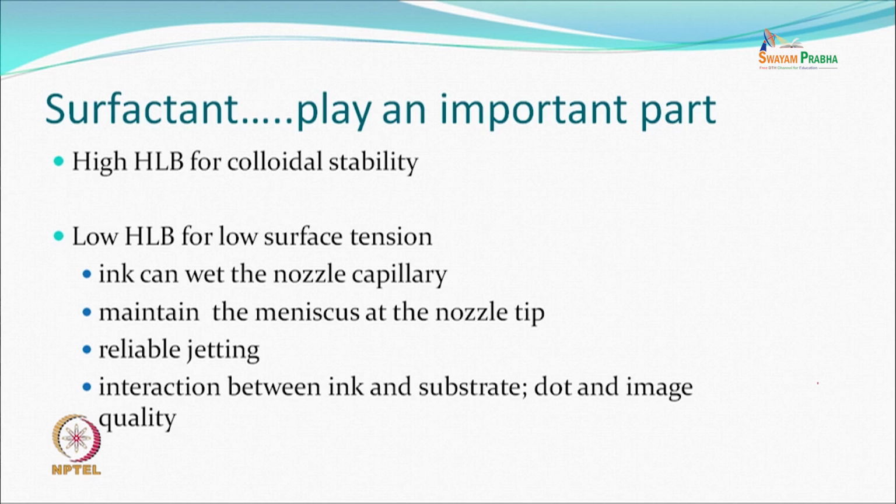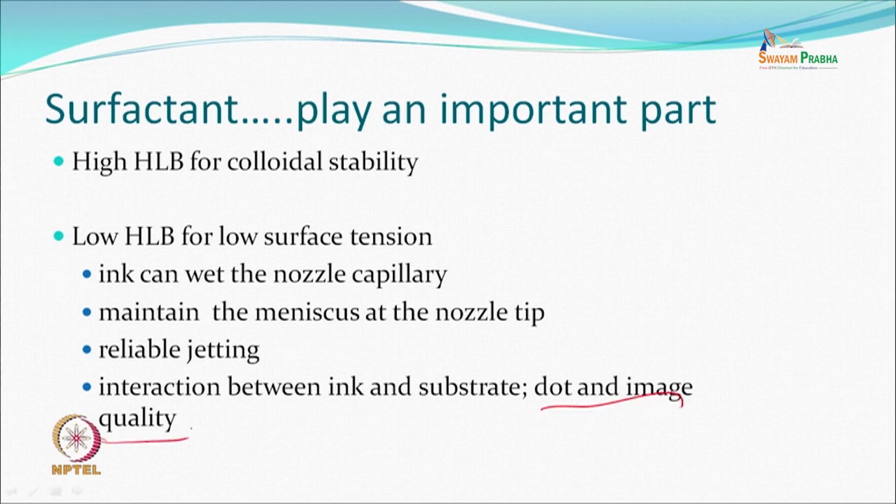It can also help to keep the nozzle capillary always wet, help maintain a meniscus at the nozzle tip, and give reliable jetting. And as we said before, the interaction between ink and substrate can also be affected, and dot and image quality, both of them are so important to us.